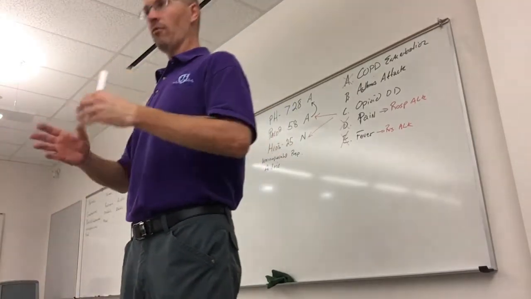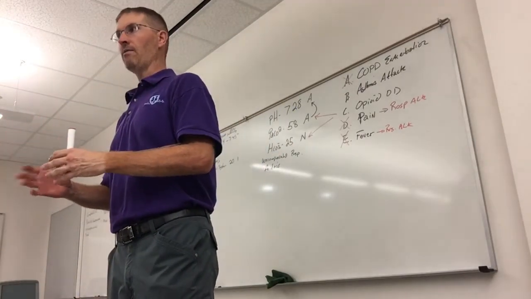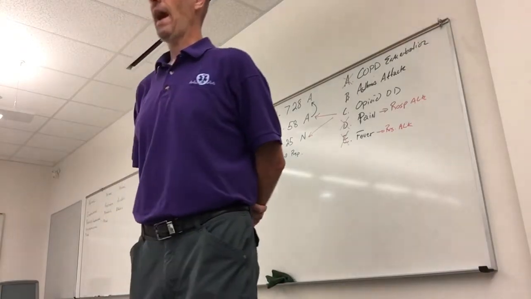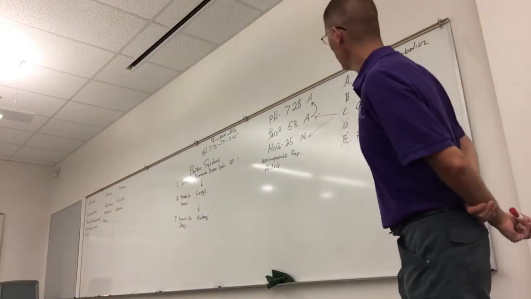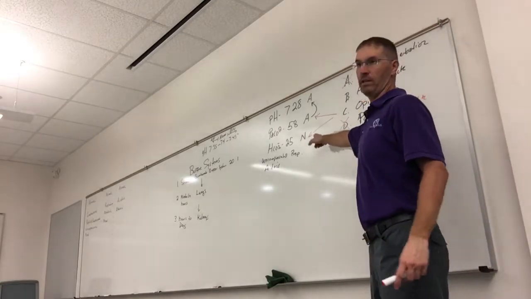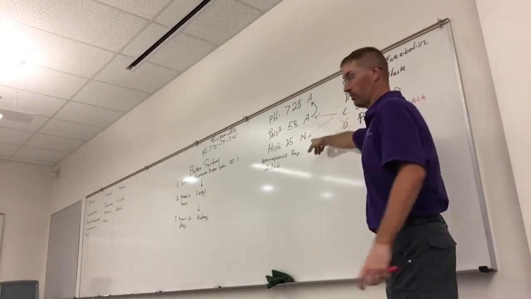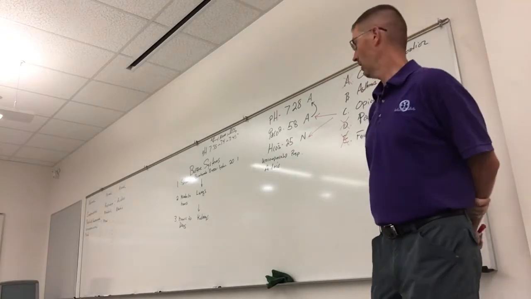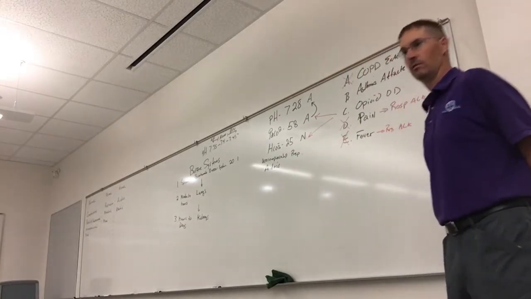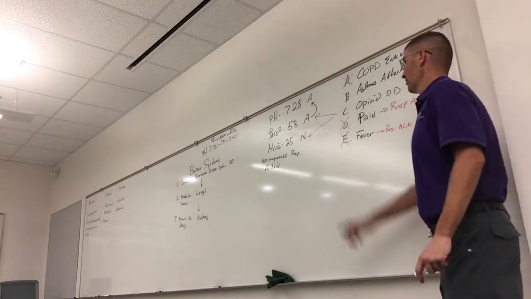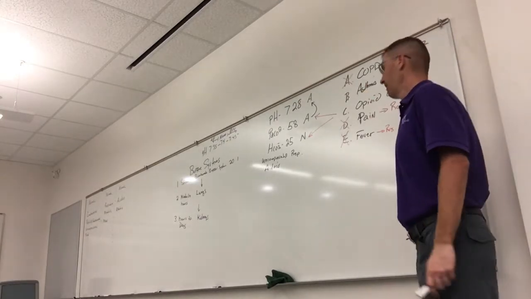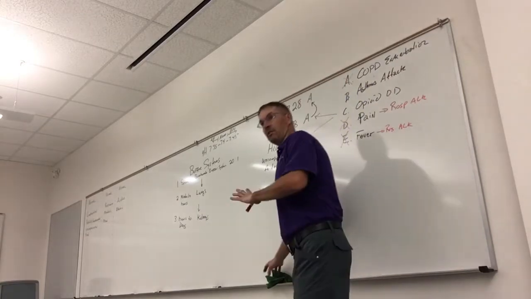Then as you begin retaining CO2, you see a respiratory acidosis, right? So between those two, this is probably best represented here. Opioid overdose is probably best represented as an uncompensated respiratory acidosis. You guys okay with that? But you're absolutely right, it also could be an asthma attack as well. Does that make sense though?